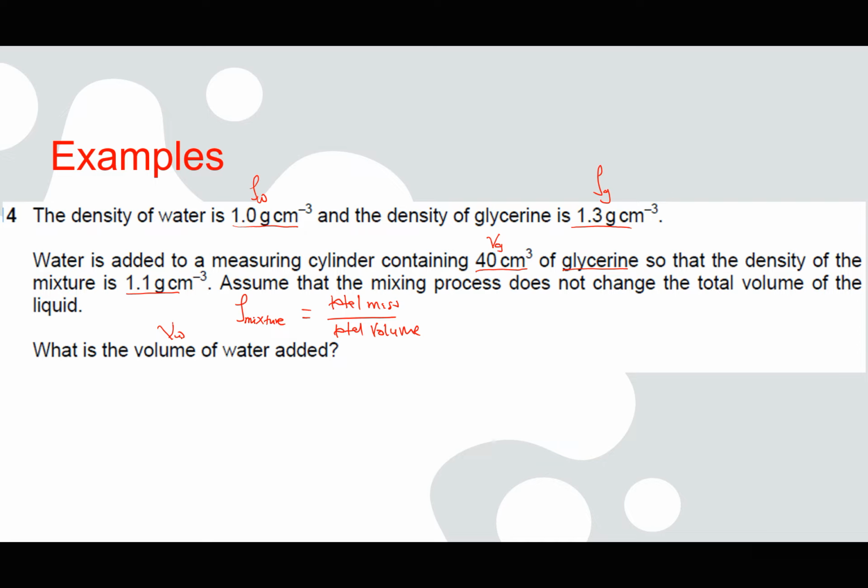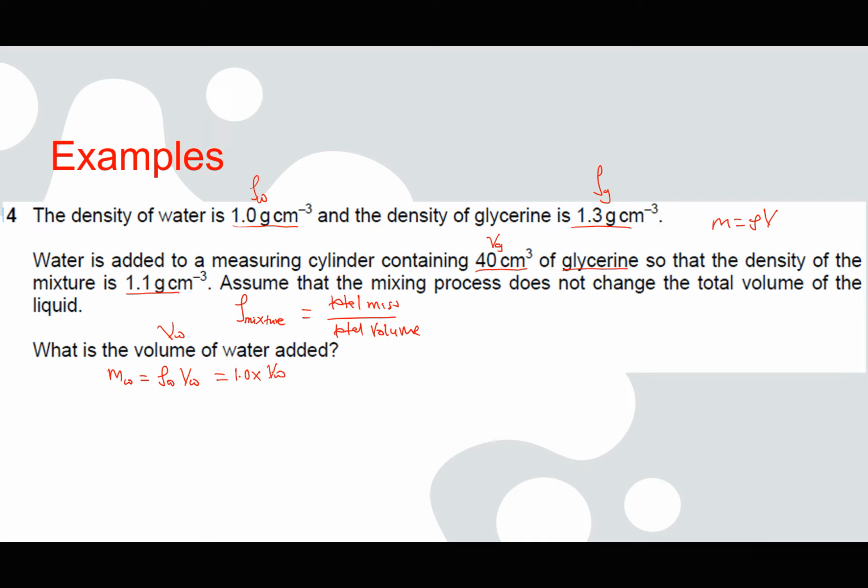And we don't have any of the masses. Remember, mass is equal to density times volume. So it means I will say the mass of water is the density of water times the volume of water. That is the mass of water, which is going to be, density of water is 1.0 grams times the volume of water, which is not known.